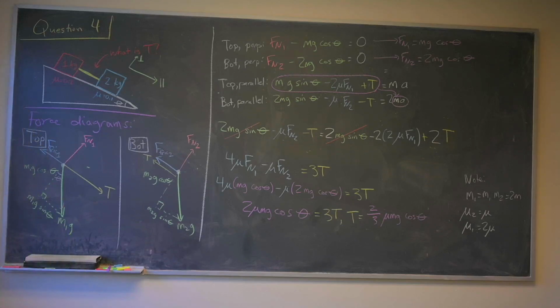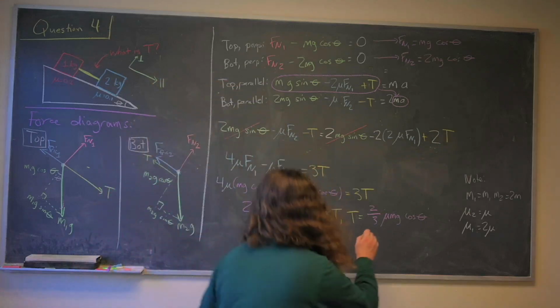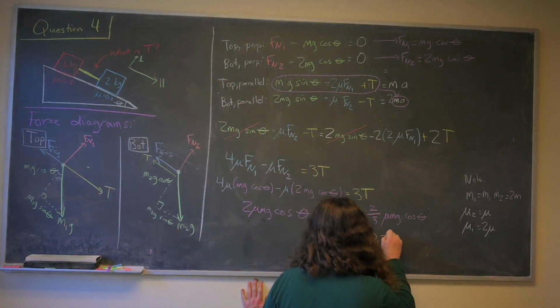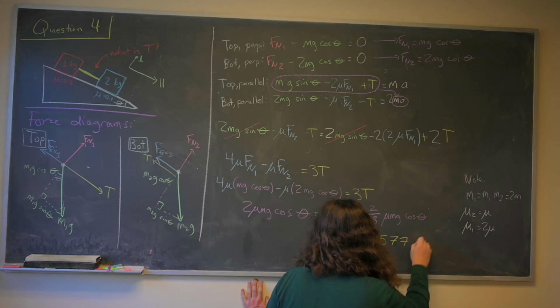You won't see me type, but I just want to figure out what number that is. So I have 2/3 times 0.1 times 1 kilogram times 10 meters per second squared times the cosine of 30 degrees, which gives me 0.577 newtons.